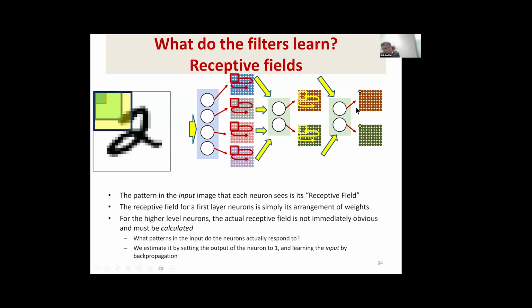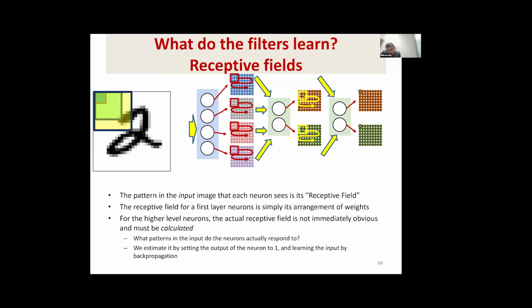But when we begin getting to higher layers, remember that higher layer neurons can get complex ORing of patterns. A two-layer network can compute an XOR, which is going to fire both for 1, 0 and 0, 1. So there are many different patterns that the higher layer neurons could fire for. So what is the actual pattern that they are responding to? This must be determined on a case-by-case basis.